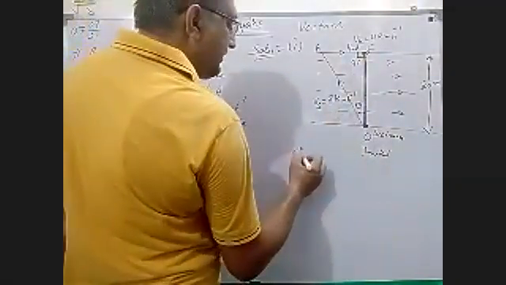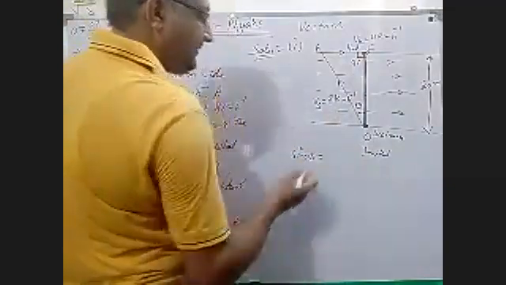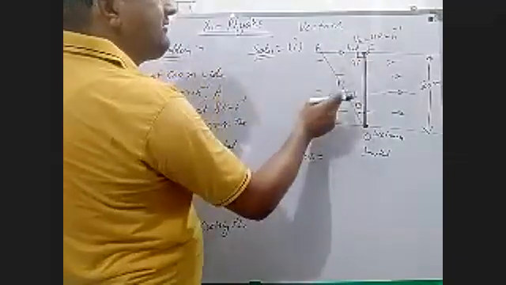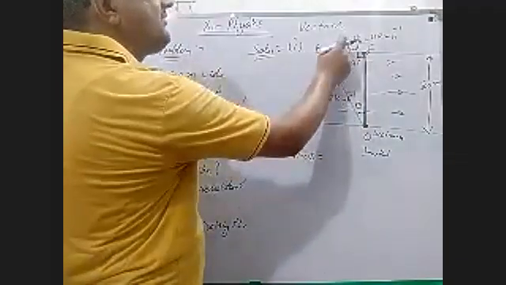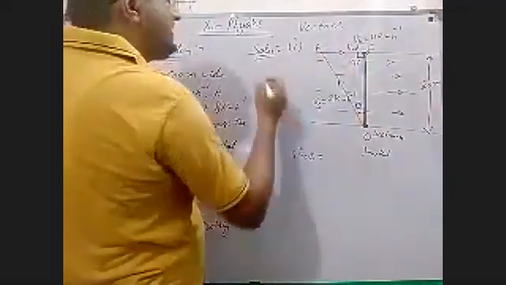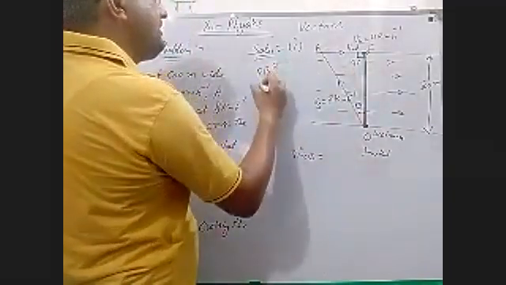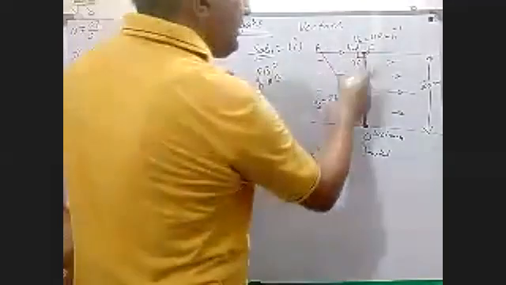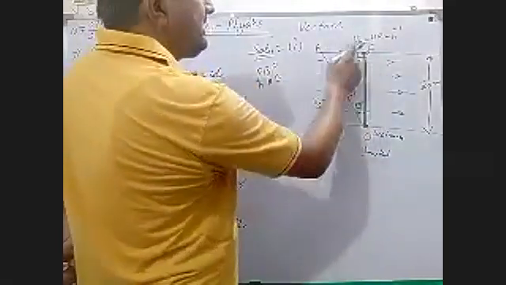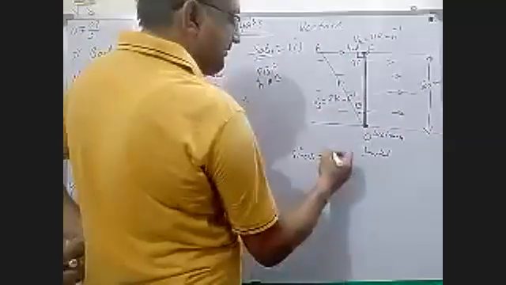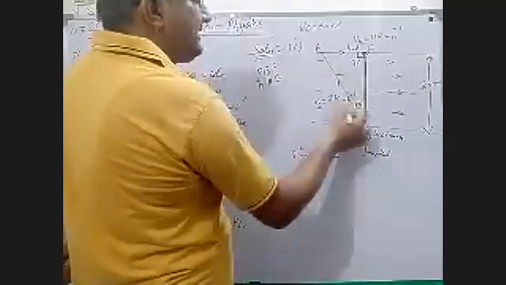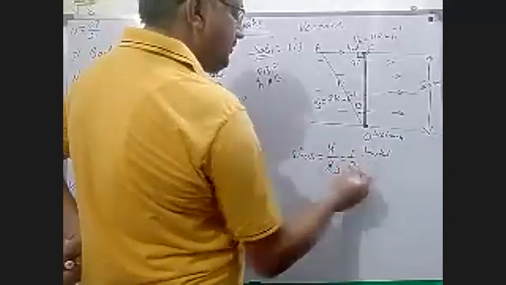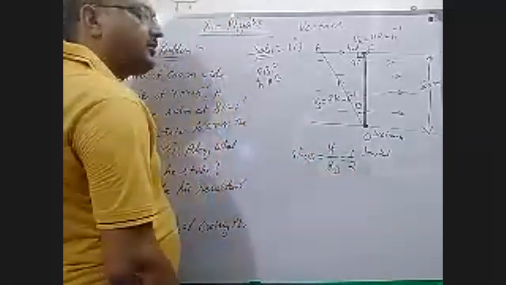It can be easily calculated by taking sine theta, because these two values you have: 8 kilometer and this one is 4 kilometer per hour. What is sine theta? Perpendicular upon hypotenuse. Perpendicular is what? In front of theta, this side is perpendicular 4, and this is hypotenuse 8. 4 by 8, 1 by 2. Sine theta is 1 by 2.